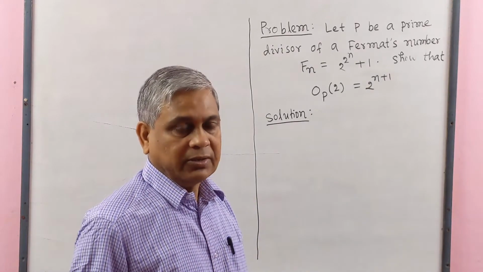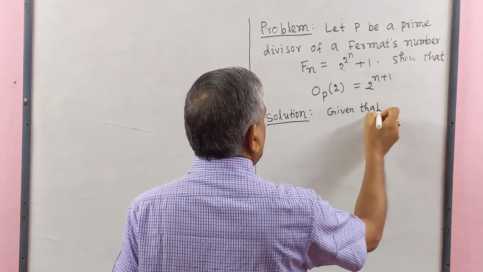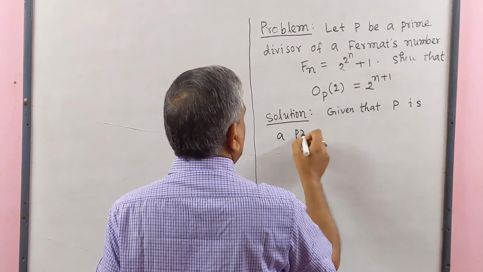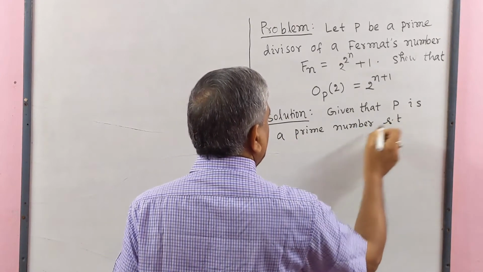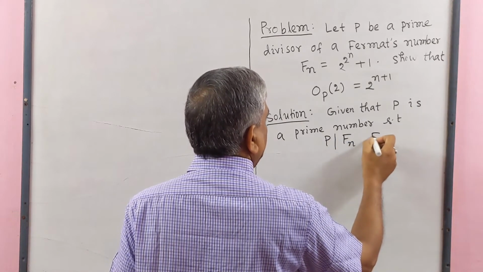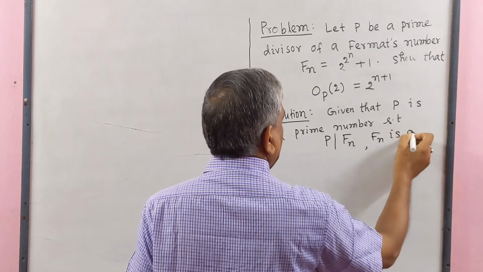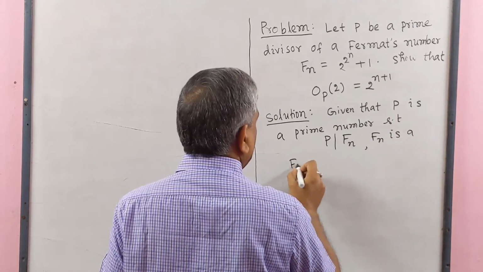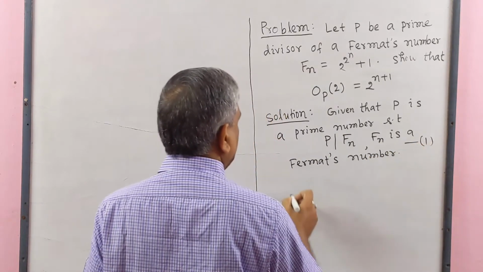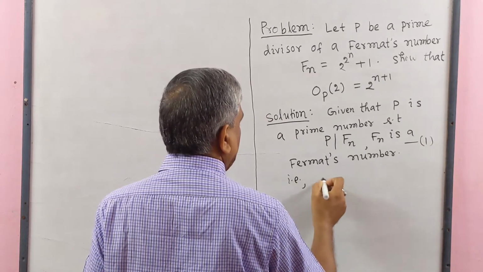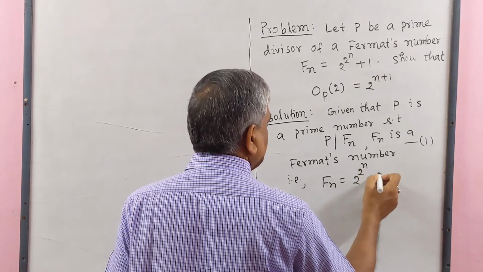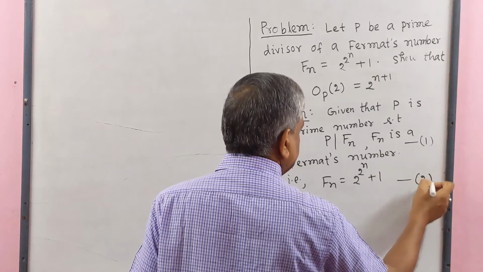Now we solve this. Given that P is a prime number such that P divides Fn. Fn is a Fermat's number. This is number 1. That is, Fn equal to 2 to the power 2 to the power n plus 1. This is number 2.